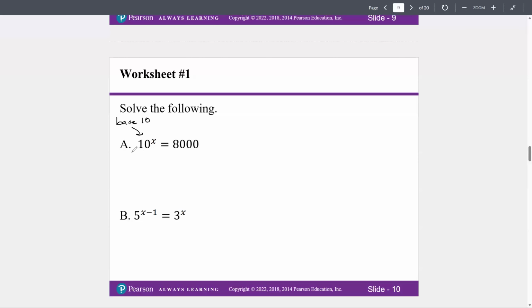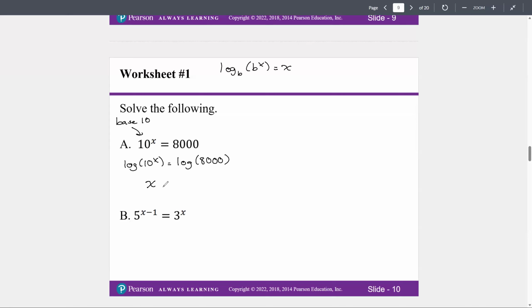So because this is a base 10 log, I can do log of 10 to the x equals log of 8,000. Actually, I can use log all the time. I don't have to use natural log. But here, because we know that log base b of b to the x is just going to be x, we got log base 10 of 10 to the x.